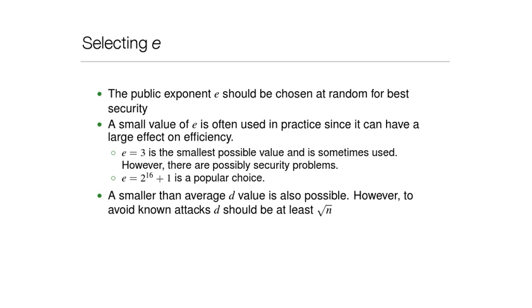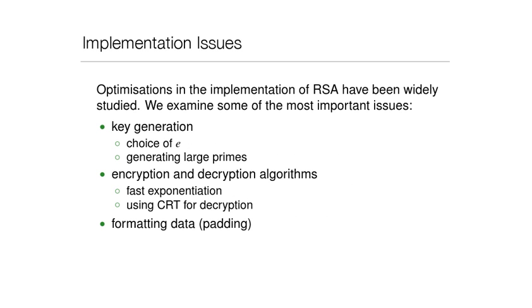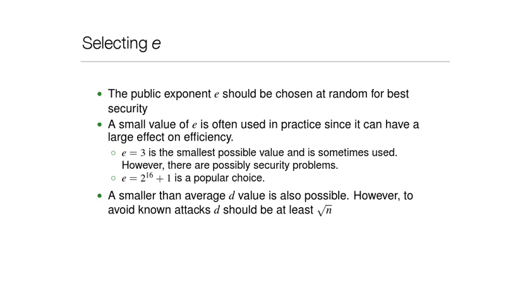Okay, so I discussed key generation a few slides ago. The choice of E is important. So selecting E, the public exponent E should be chosen at random for best security. A small value of E is often used in practice since it can have a large effect on efficiency.